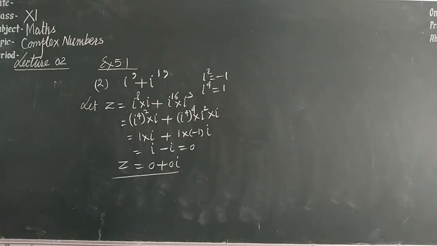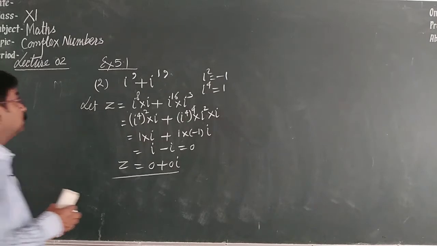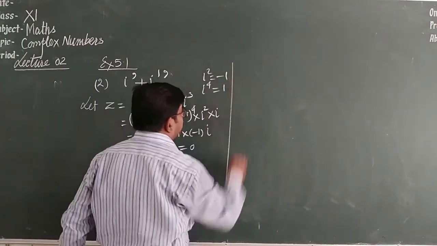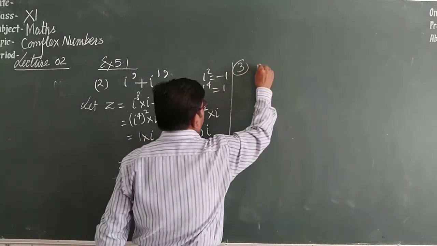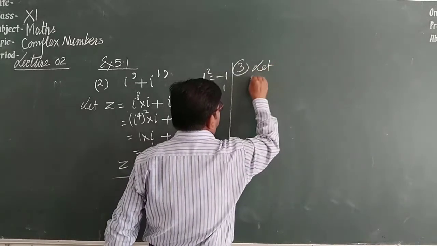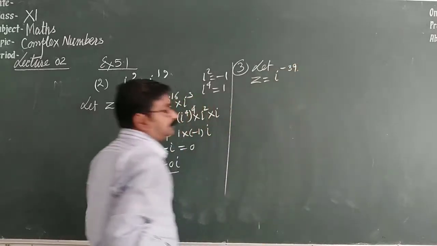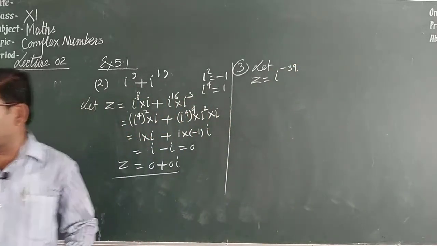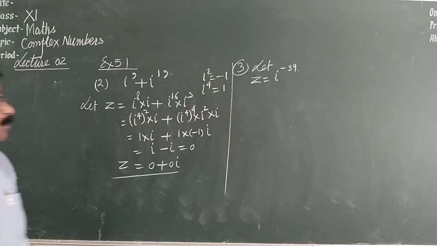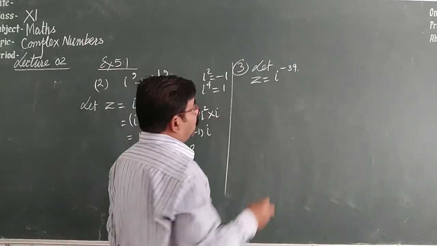Very simple questions. We have question number 3. You can see the third question. Let z is equal to i to the power minus 39. This is the third question. Again we have to change this into a complex number. So what to do?